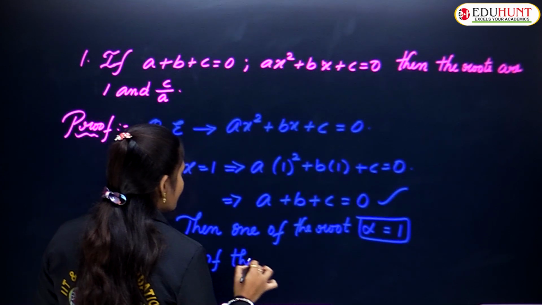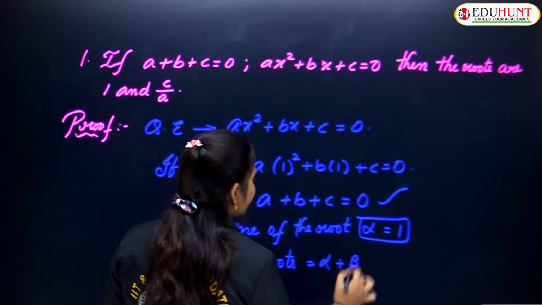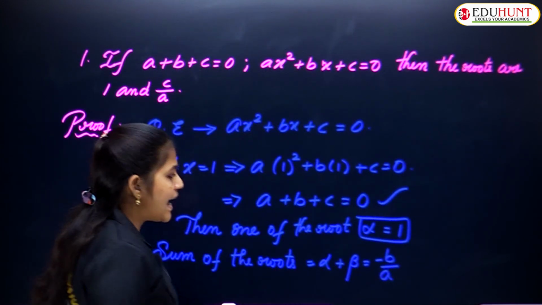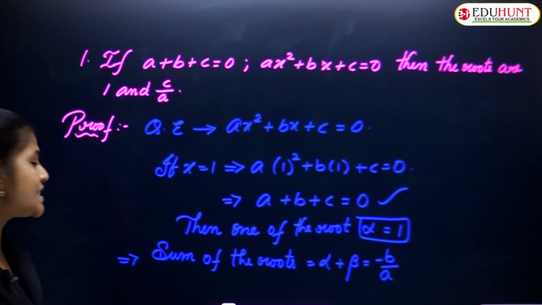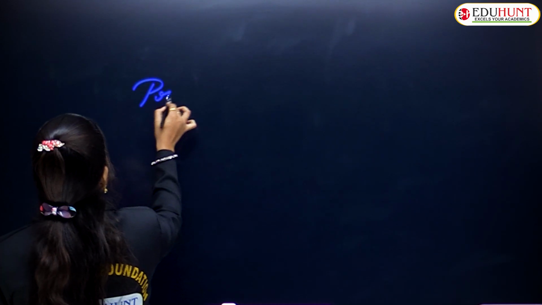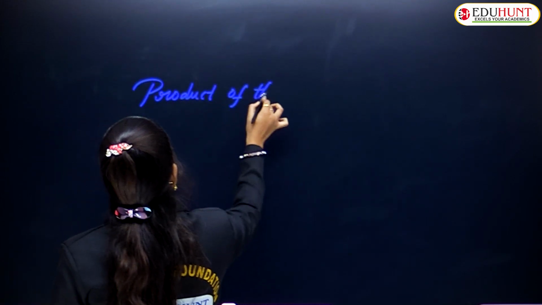What is the formula? Sum of the roots is alpha plus beta, which equals minus b by a. In the same way, product of the roots is equal to c by a.